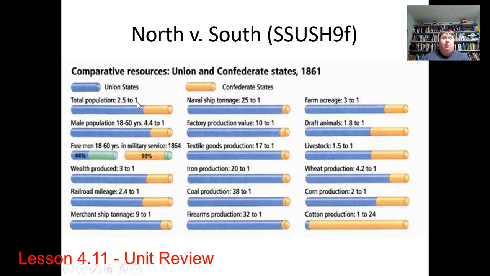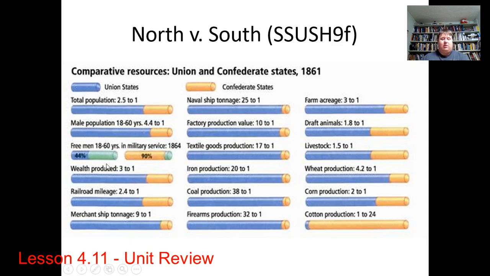For every one person the South has, the North has 2.5 people. Now, how do you have half a person? Don't worry about that. That's just a ratio, okay? But there's over 2 people for every one in the South, okay? The male population, that's mostly what fights in the war, right? So the North has the advantage there.